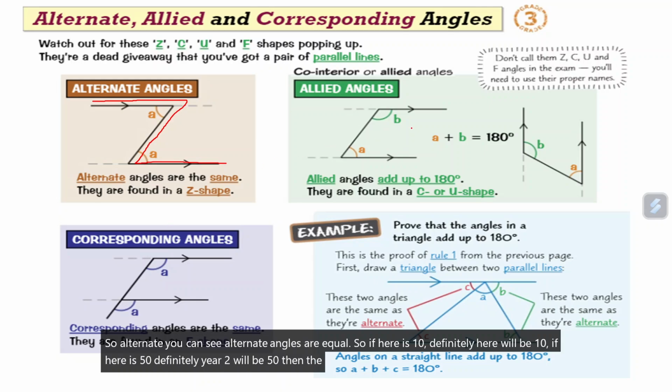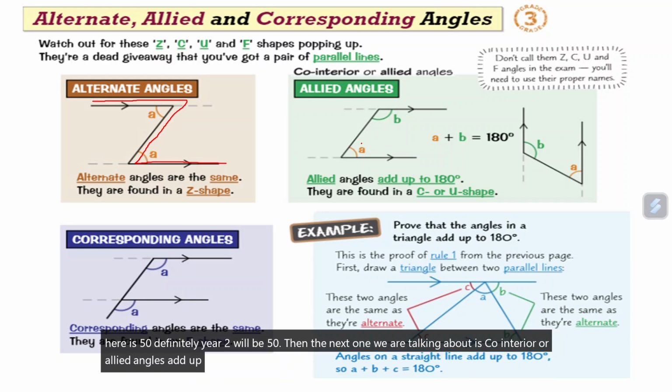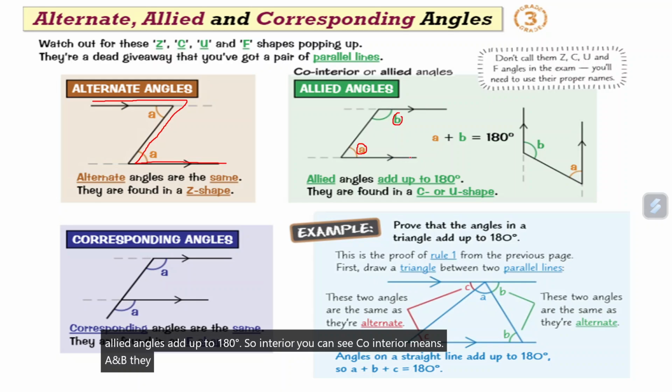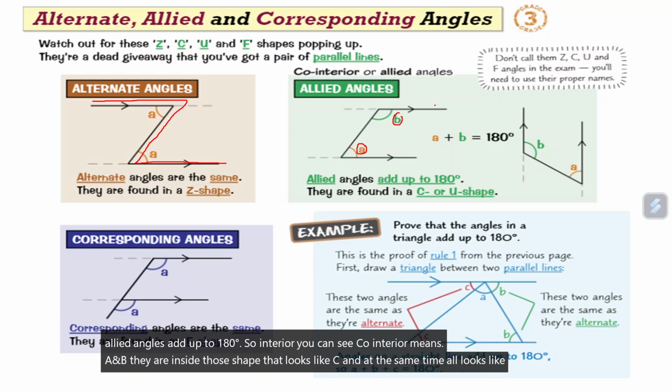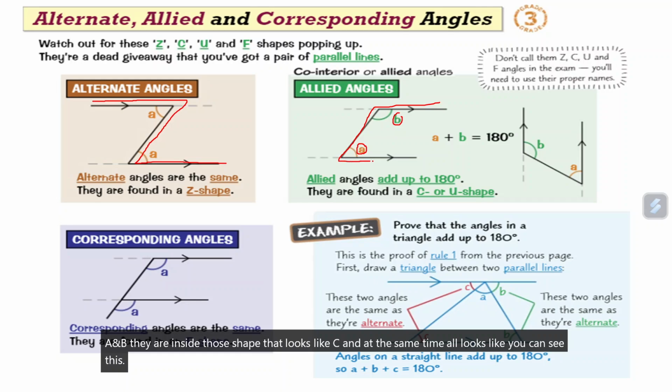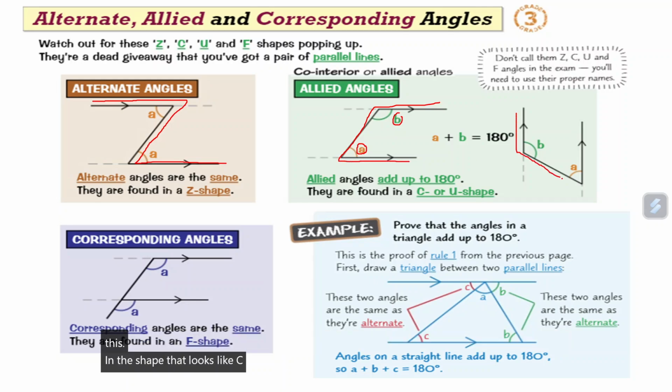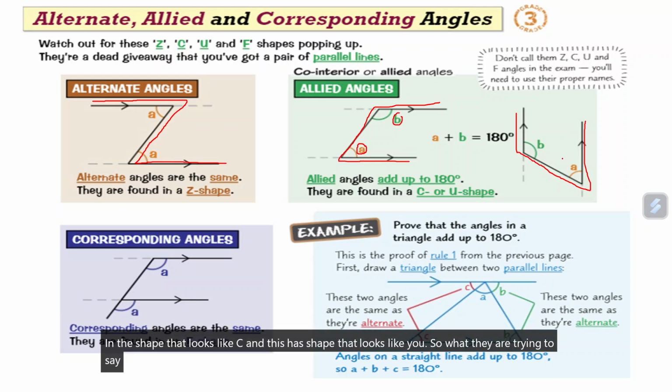Then the next one we are talking about is co-interior or allied angles, which add up to 180 degrees. Co-interior means A and B are inside this shape that looks like C or like U. So what they are trying to say is allied or co-interior angles add up to 180 degrees.